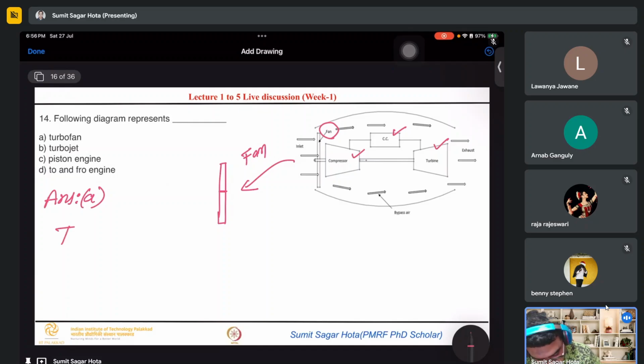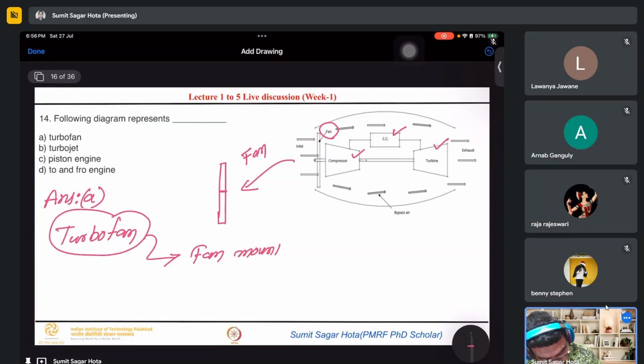So basically a turbofan engine. What I did, the fan is mounted at the inlet. We're going to see what the advantage of this fan is when we put it at the inlet.